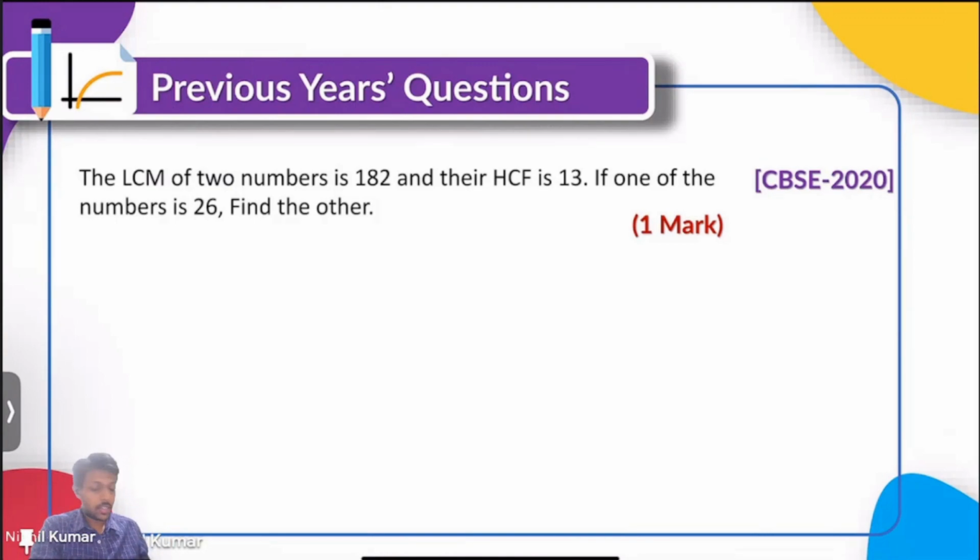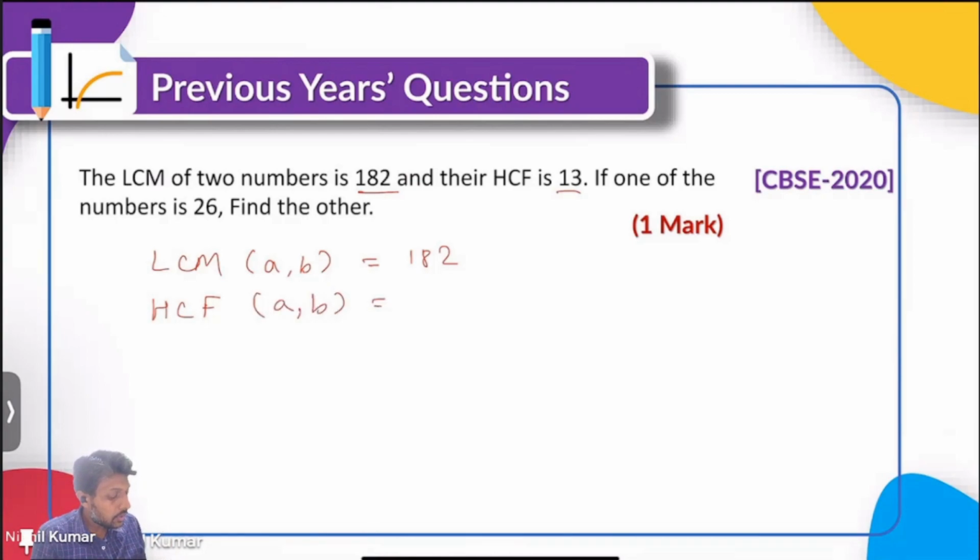Let's solve this question now. Okay. The LCM of two numbers is given, and the HCF of those two numbers is also given. It's 13. What are those two numbers? We don't know. Let's call them A and B. Okay, so LCM of A and B is given. HCF, or the highest common factor or the greatest common factor, is given as 13.